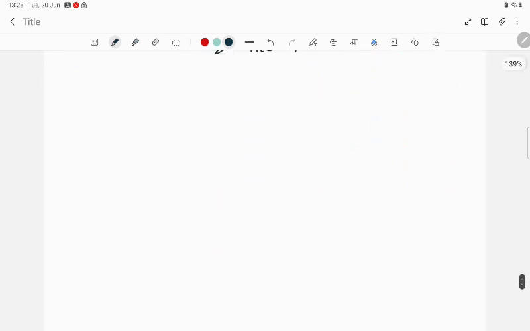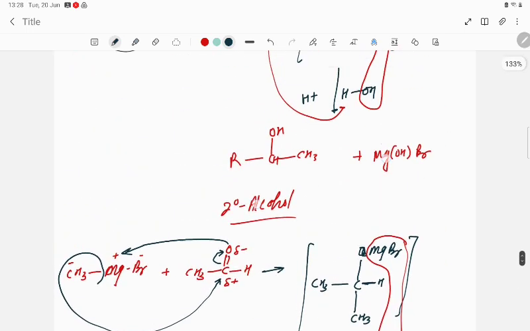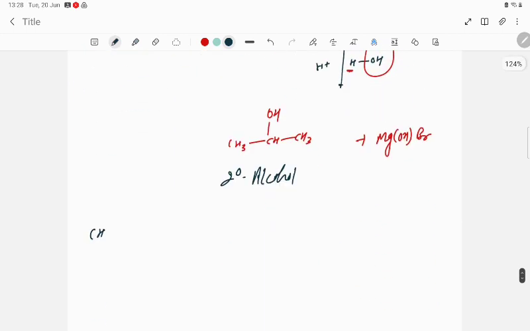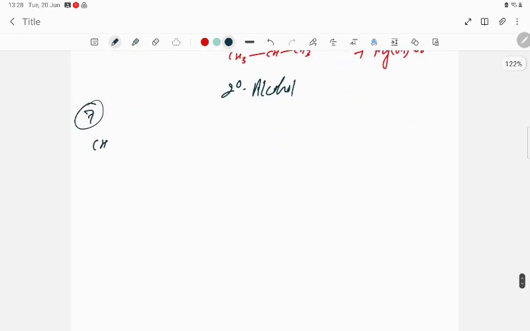Now let us see the next example, student. This was example number 6. Now we are going for number 7. Let us see. If you have CH3, CH2, MgBr, student, and you are treating it with CH3, CH2, C double bond O and H. Friend, what is this one?